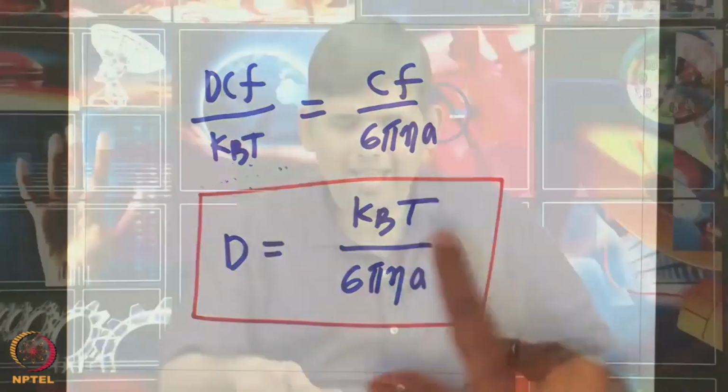Now, let us calculate this kBT for a typical biological molecule of our interest. Let us take some protein, like actin or any protein of our interest, which has a size of the order of a few nanometers. So let us take a approximately 1 or 2 nanometers.